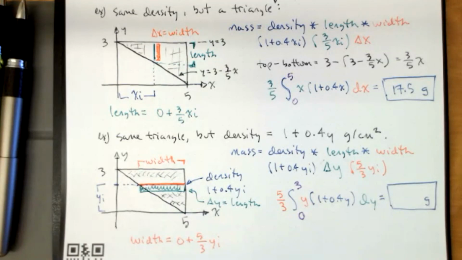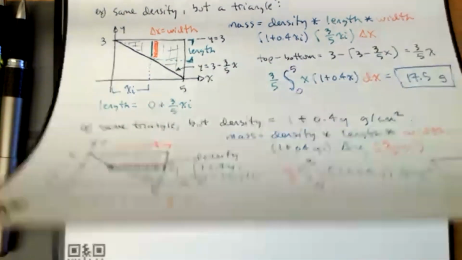In each of these problems, the density was only varying in one direction. So if we take the same triangle and change the density, instead of being just a function of x or a function of y, the next evolution of the problem is same triangle.